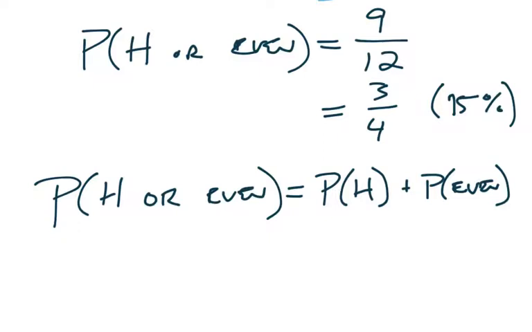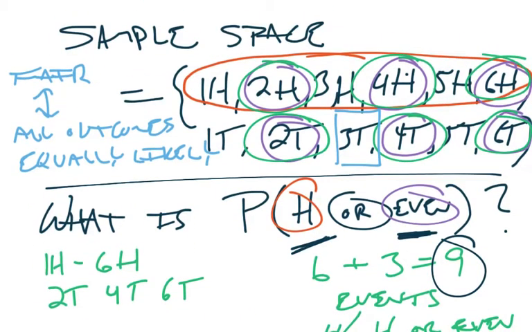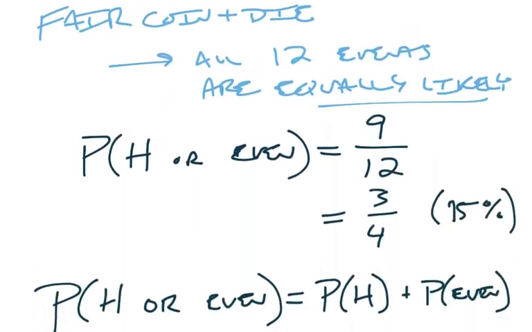Now, if we do this, let's think about the probability of flipping heads. All right, if we go up to our sample space, that's what's circled in red right here. Right, those are all the heads events. And there are 6 of them out of the 12 total possible events.